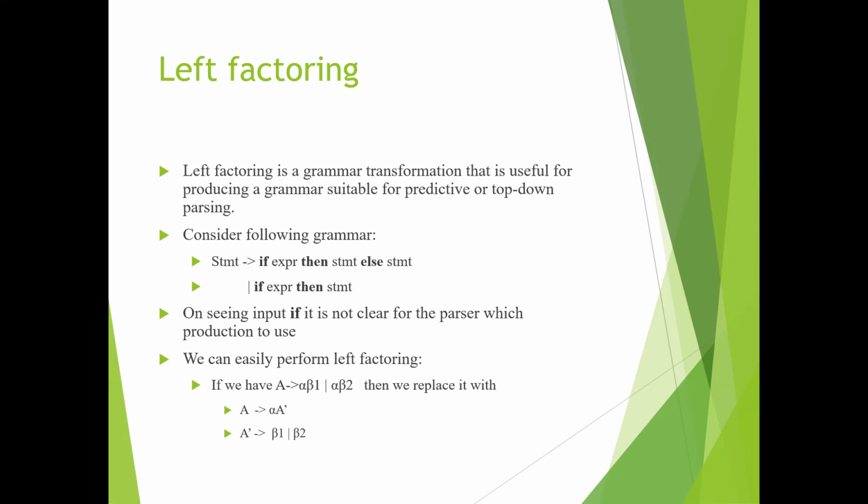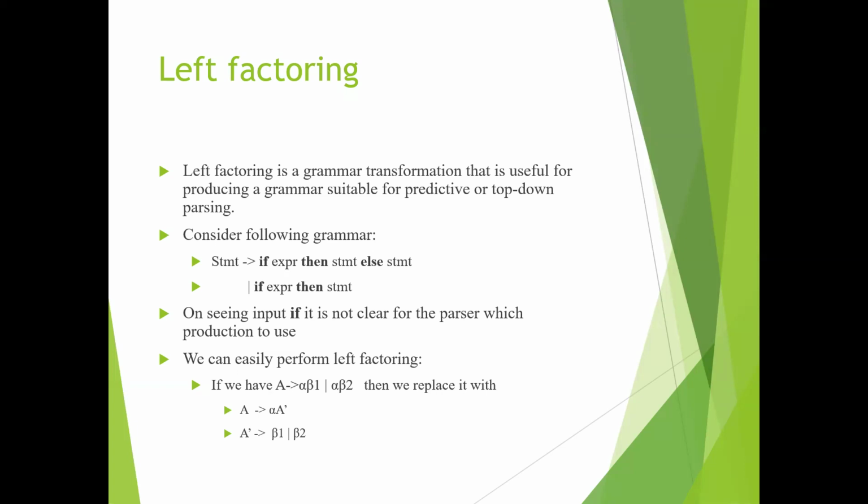What does it mean? In a given production, if the same terminal variables are available, then we can group them into one. Left factoring is a process in which the grammar with a common prefix is combined into one.